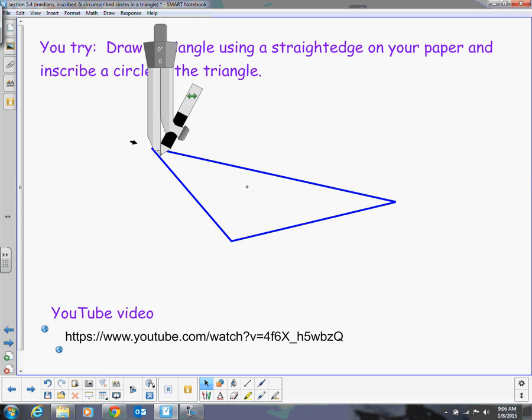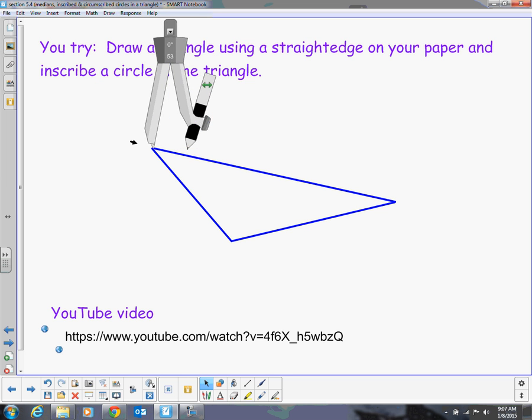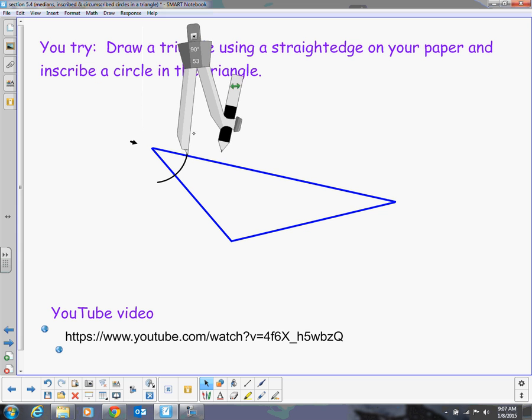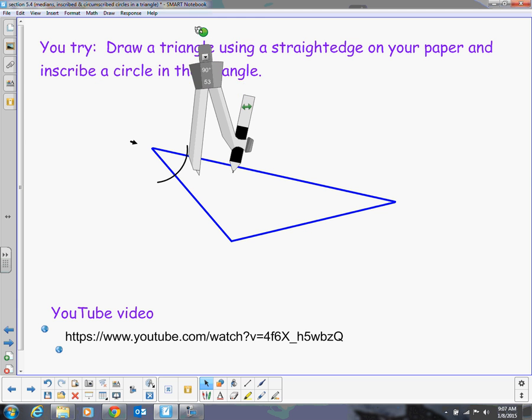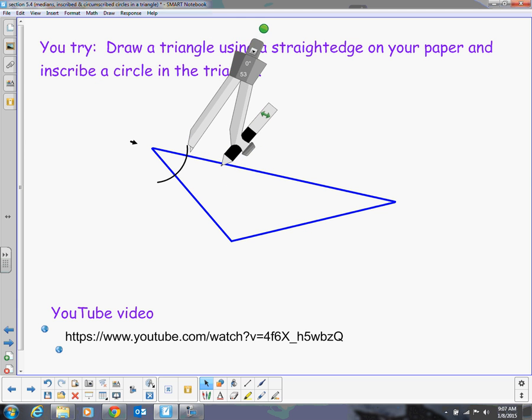All right, so I'm going to bisect this angle. All right, I'm going to put my compass point here. And I'm going to rotate. I'm going to put my compass point here. And I'm going to rotate so I can draw an arc.